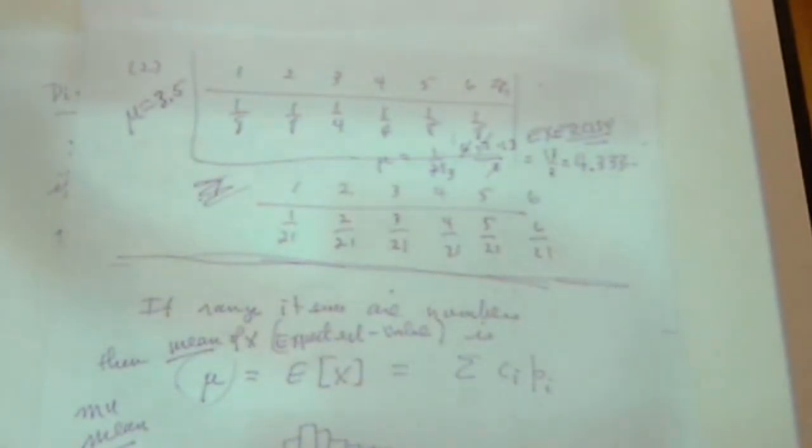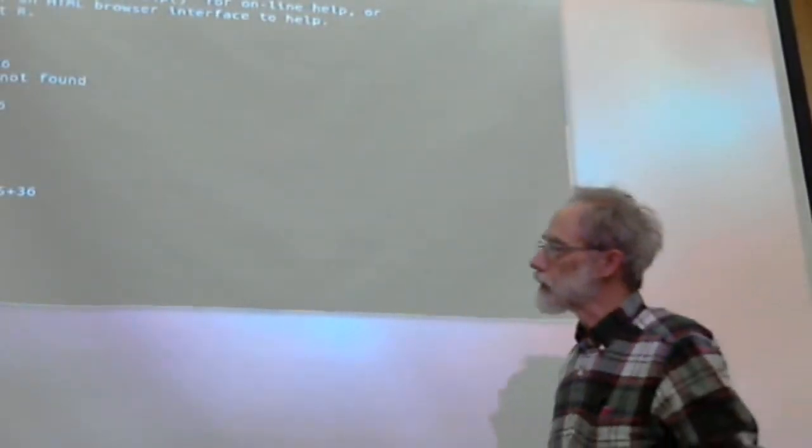So that's 13.5. So it would be 14.5 minus 3.5 squared. Okay? So it would be 2.15. Here you can see what it is. So it comes out to 2.15, and the other one's 2.9.